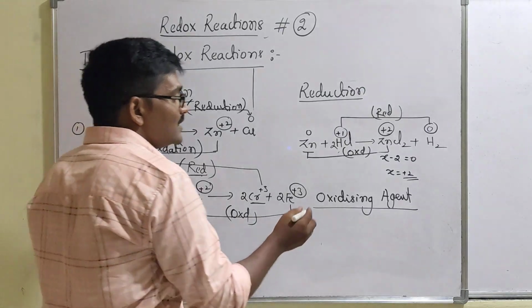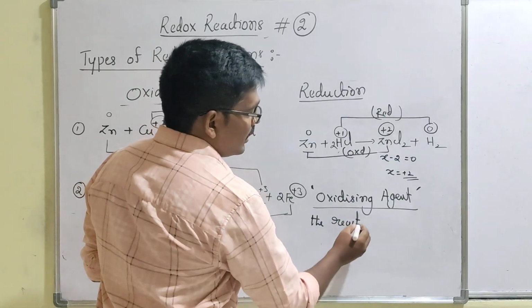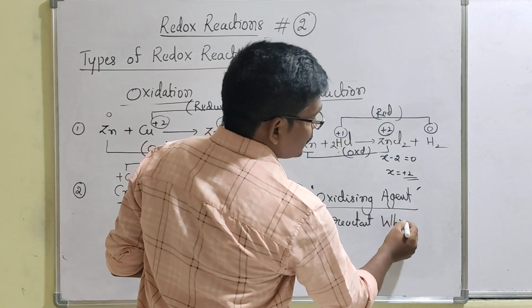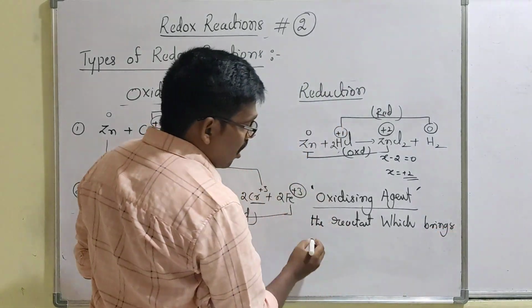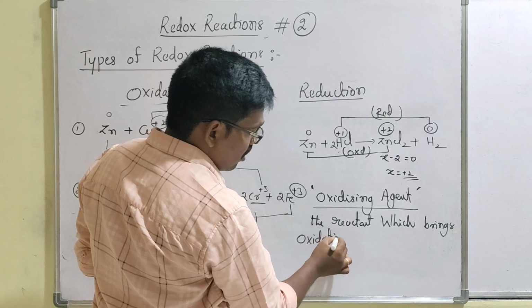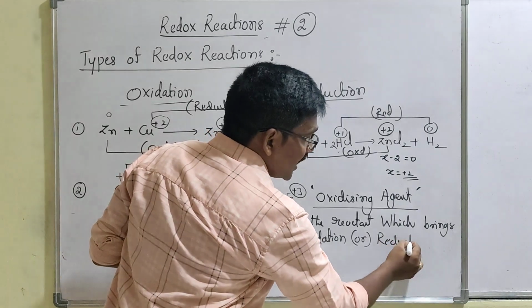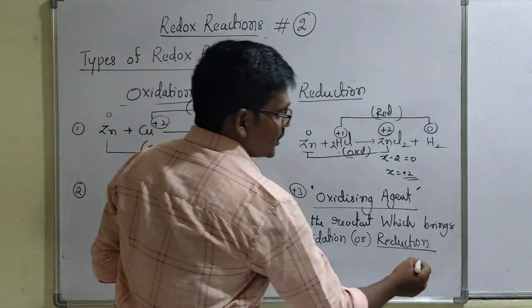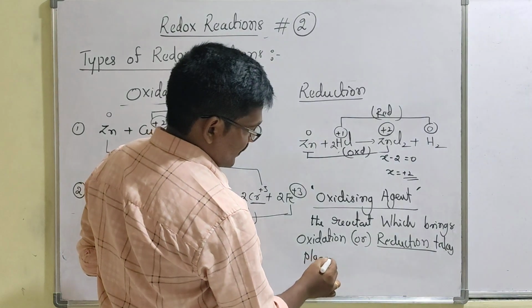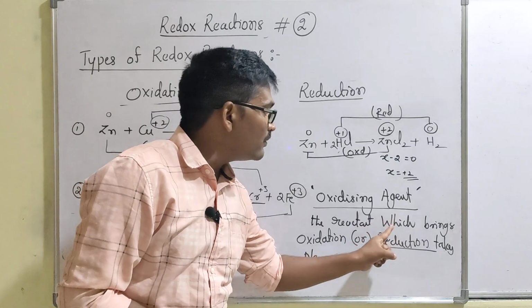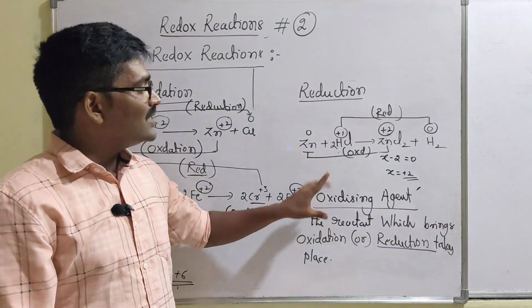What I told, oxidizing agent is nothing but the reactant which brings oxidation, or which reduction takes place. ఏదైతే రిడక్షన్ జరిగిందో, which reduction takes place. సరే, ఏదైతే రిడక్షన్ జరిగిందో, reactant which brings oxidation or reduction takes place, ఏదైతే రిడక్షన్ జరిగిందో, then we call it oxidizing agent.